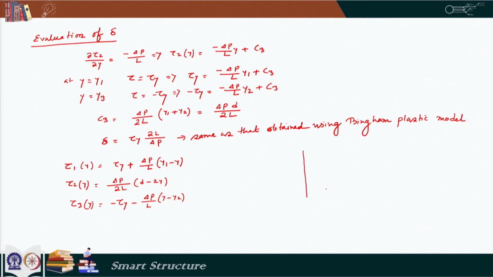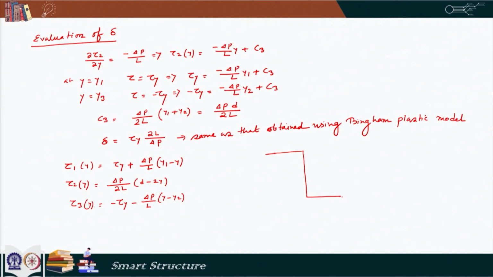So, when y is equal to 0, our tau is tau y plus delta P by L into y1, which is like this, and when y is equal to d, then if we put d, we get the same shear, but with a negative sign. So, if you put y equal to d here, it becomes d minus y2, and d minus y2 as we know is equal to y1.